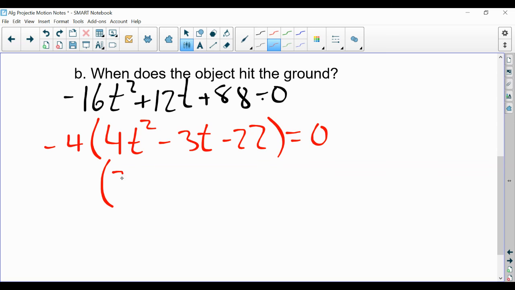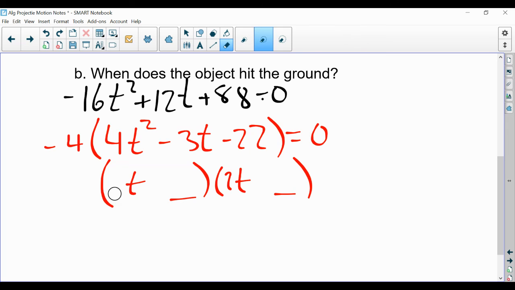My first thought is going to be 2t and 2t. Although 22 is even, which means no matter how I break it up, one of these two numbers has to be even. And that's going to create a GCF that's not there. So 2t and 2t doesn't make any sense. I'm going to need a 4t and a t.